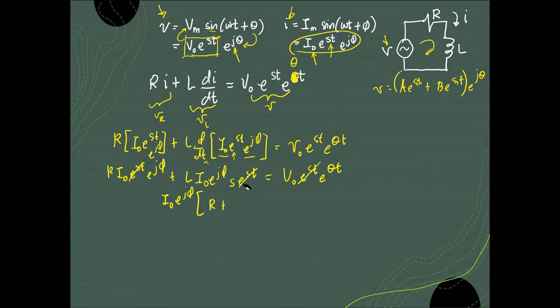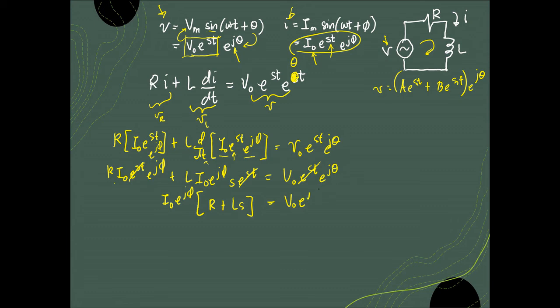I bring the I0 e to the jp outside, and you have R remaining on the first term, Ls on the second term, and it's equal to V0 e to the j theta. Sorry, I forgot the j, and I think this is not t. I made a confusion. It's j theta. I made a mistake.